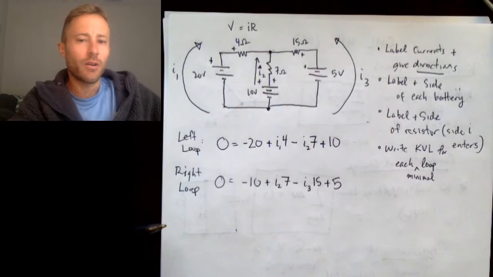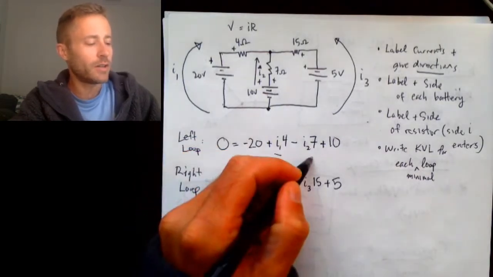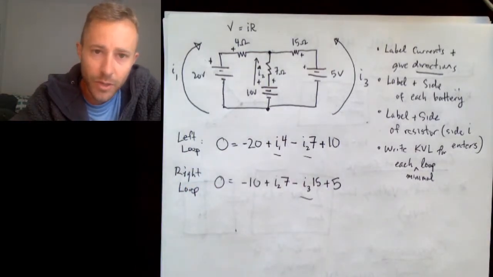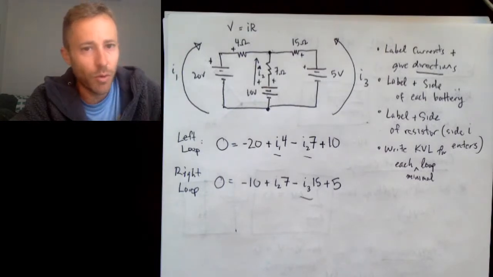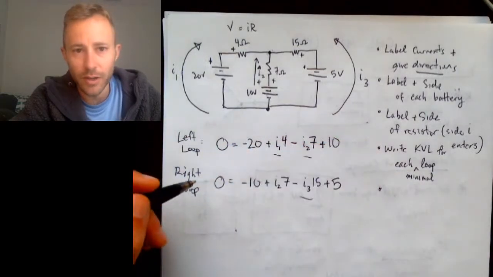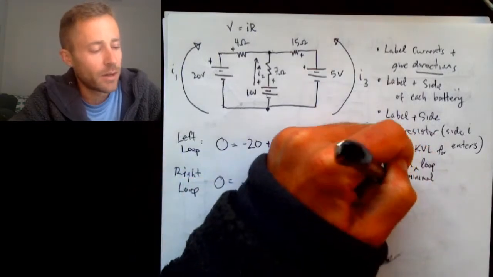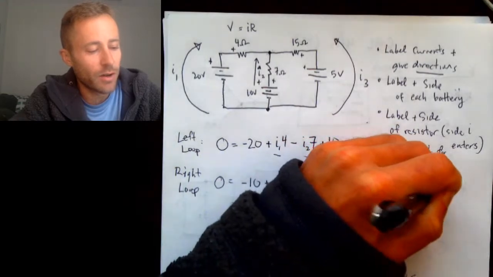So notice how there are 3 unknowns here. There's I1, I2, and I3. So I need 3 equations in order to solve that. So I need one more equation in this case. That remaining equation is going to come from Kirchhoff's current law.